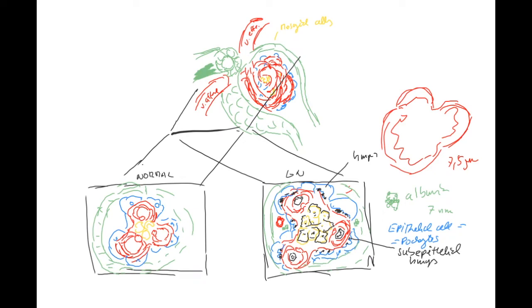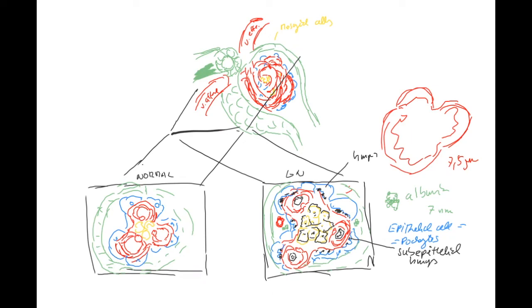And how are these crescents formed in the RPGN, the rapidly progressive glomerulonephritis? Well, it's about a rupture. These capillaries rupture in the glomerulus, and now they bleed into the Bowman space. Okay, so you got blood there, you got erythrocytes, you got fibrin mesh over there, you got leukocytes, and all of these get stuck over there, they get organized, and moreover, they stimulate proliferation of the epithelial cells in the Bowman's capsule, okay?